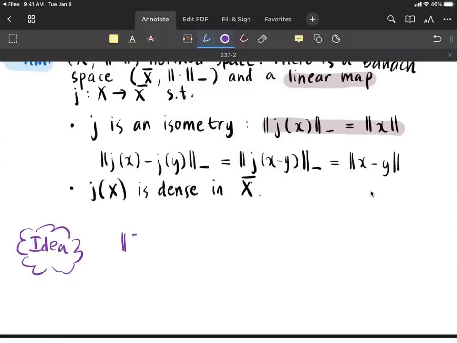How should I define the norm of an equivalence class? So this is the norm of the equivalence class containing the Cauchy sequence x sub n. You define this as the limit as n goes to infinity of the norms of the x sub n's.